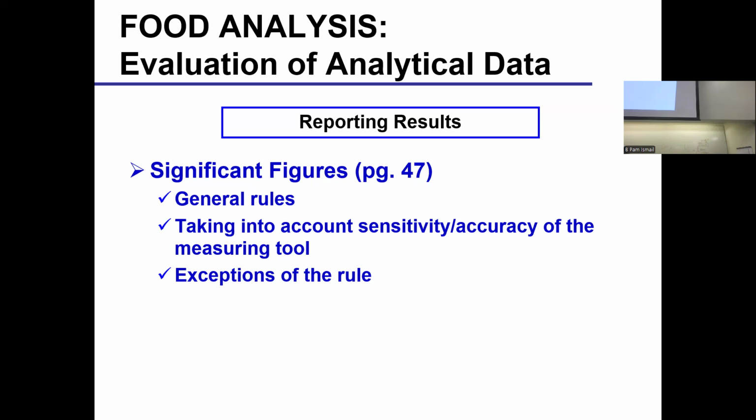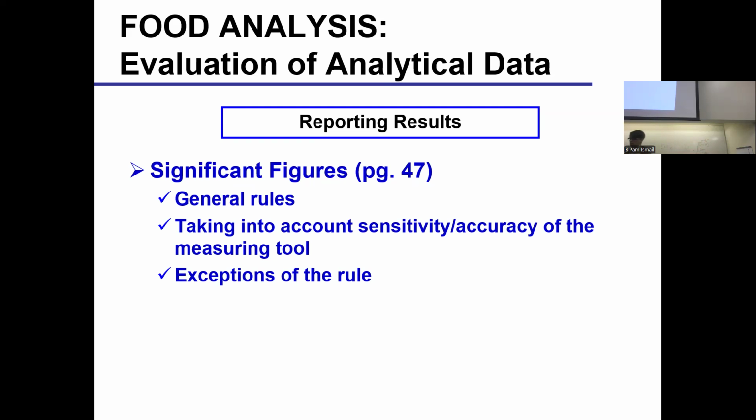So now if I do this, what would be my number? 3. So what would be the number? 2, 1, 8, 2180. So now I enhance my sensitivity by taking into account the accuracy of the tool I use. Okay, so this is very important, the accuracy of the tool.